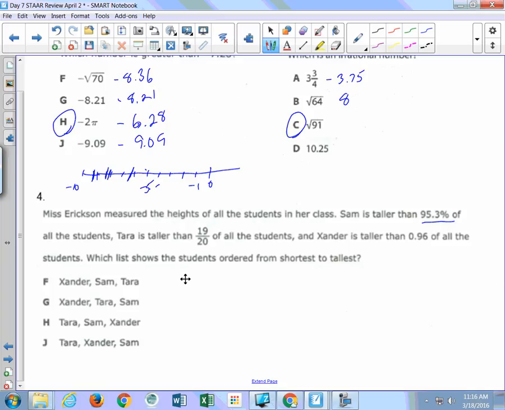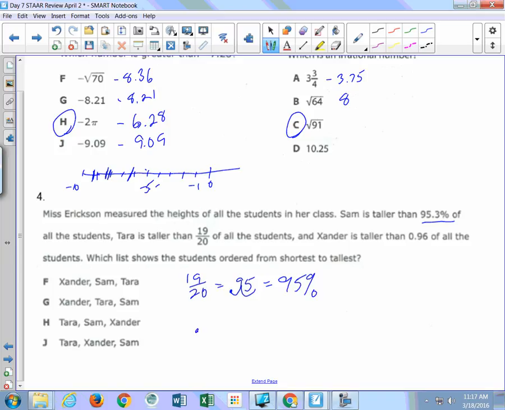We're good there. Change 19/20ths to a percent. Take 19, divide by 20, hit enter, and you get 0.95. To change that to a percent, you move your decimal 2 places to the right to get 95%.